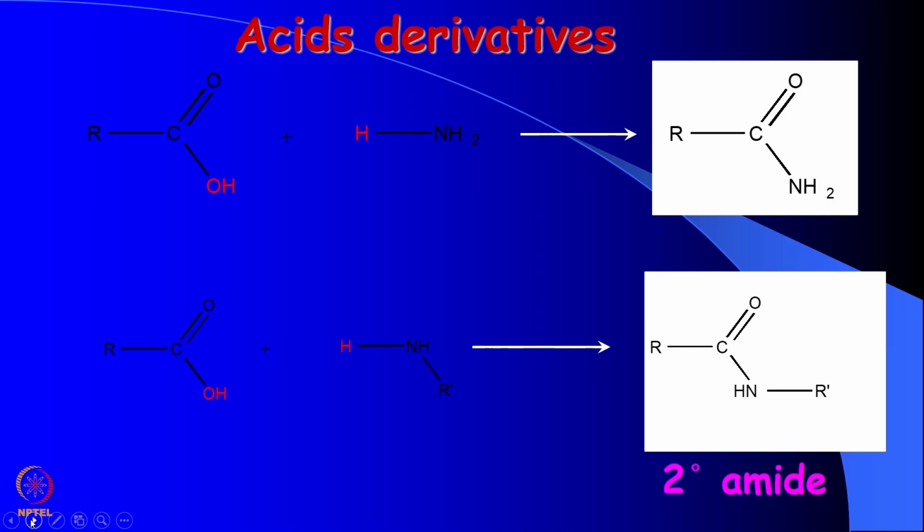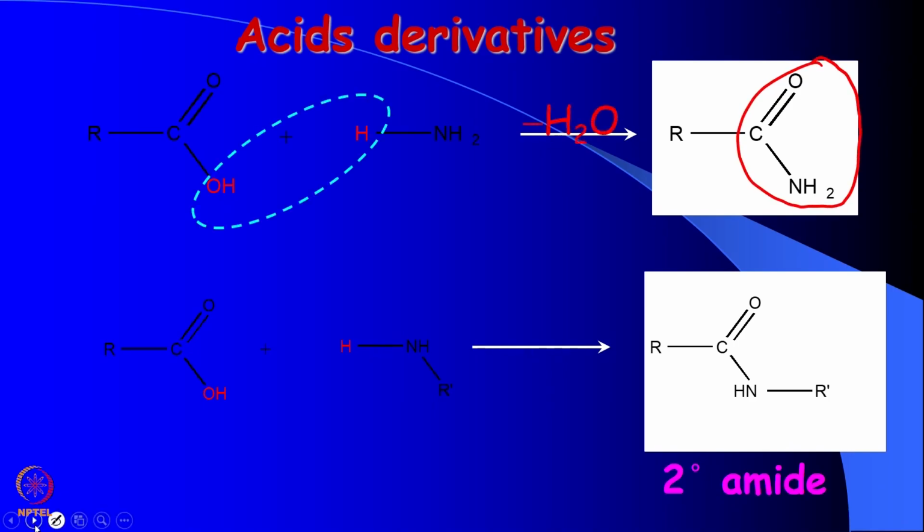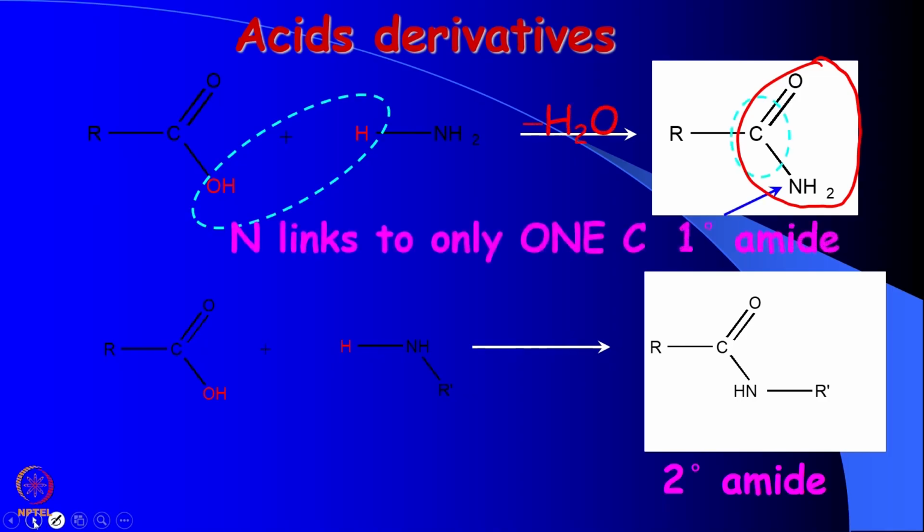So, when the acid is treated with an amine, it forms a CONH group, as you can see on the right. So, this is called the 1-degree amide, and the other one is called the 2-degree amide. When you have ammonia, it forms a 1-degree amide. When you have an amine RNH2 group, then it forms a 2-degree amide.